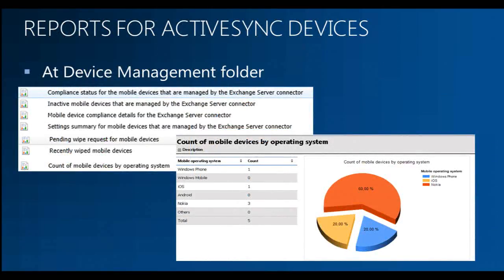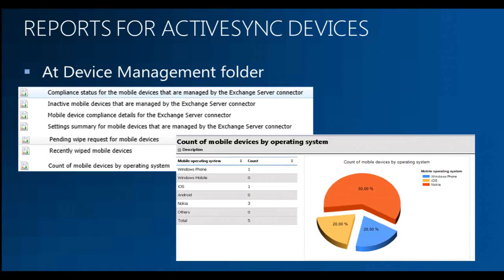Maybe the biggest benefit of using Config Manager and the ActiveSync connector is reporting. Exchange doesn't give you any reports at all for your mobile devices. And with Config Manager, you get about half a dozen different reports about those ActiveSync devices.